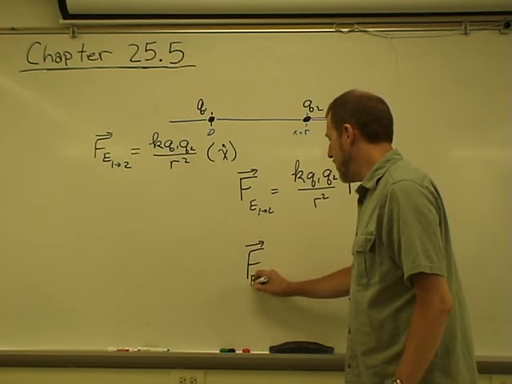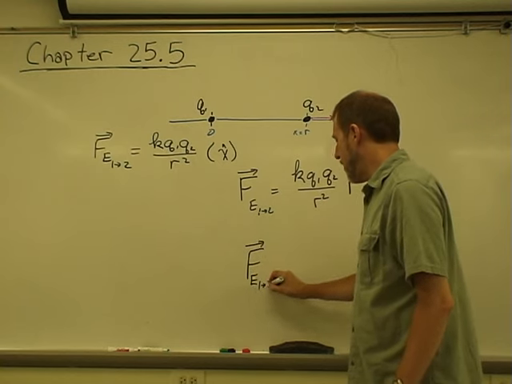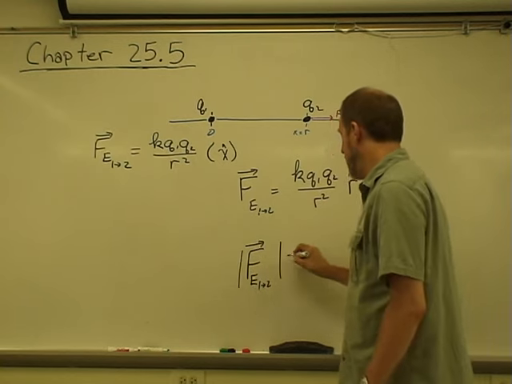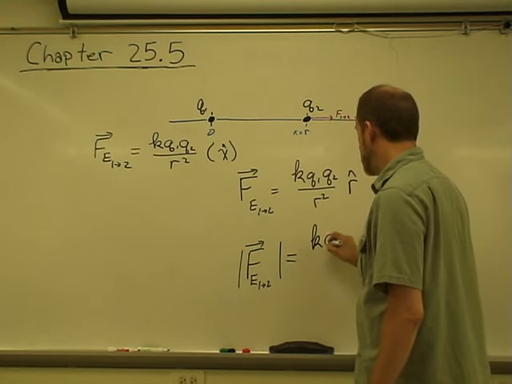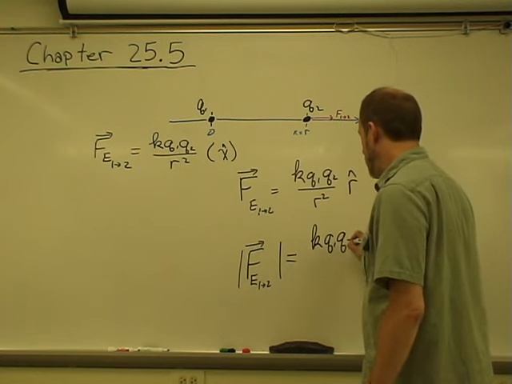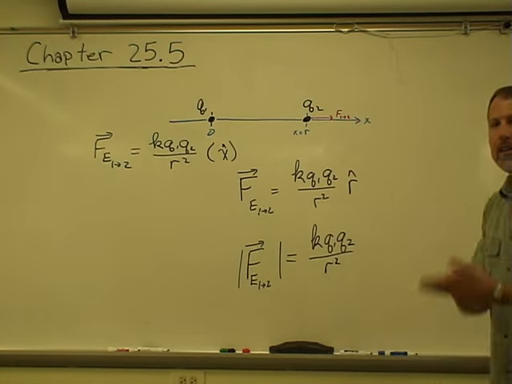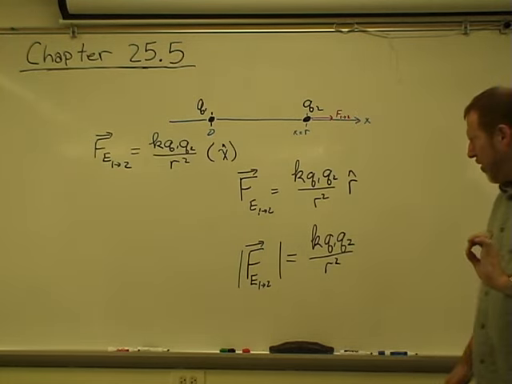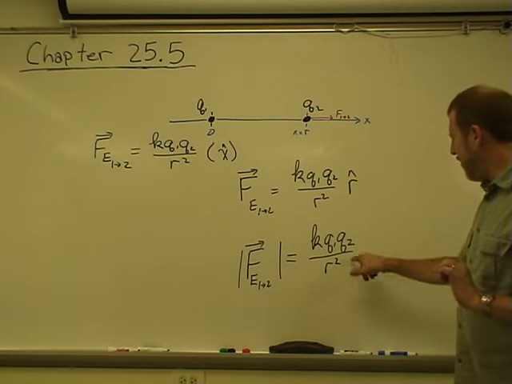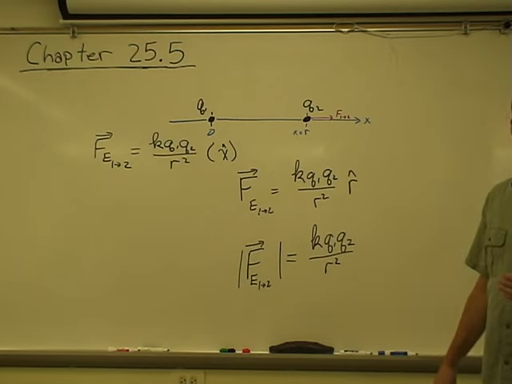The magnitude of the electric force of thing 1 on thing 2 is equal to just k, that constant, times Q1 times Q2 over r squared, and then solve for the magnitude, and then reason the direction.